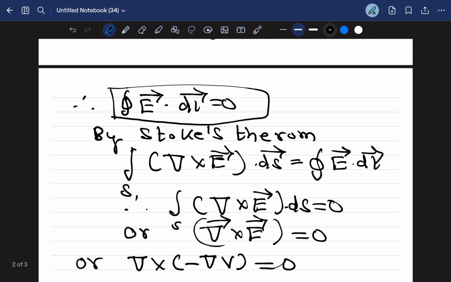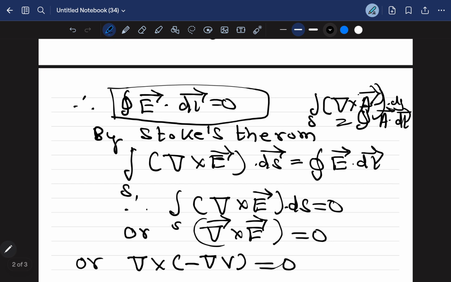Now, according to Stokes' theorem, I can write that the surface integration of del cross A, for any vector A, dot ds equals the closed integration of A dot dl.